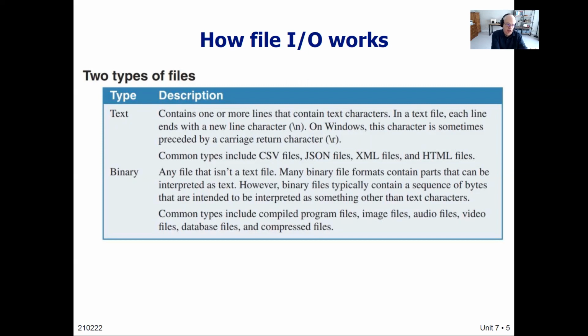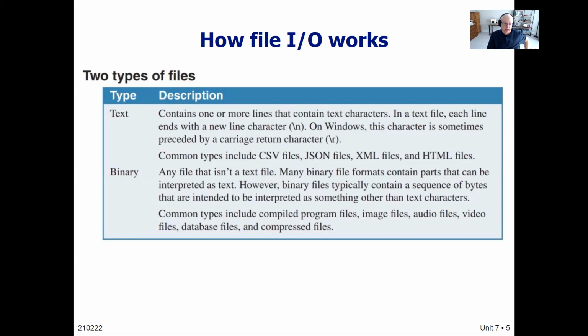So by definition, a text file contains one or more lines that contain text characters. In the text file, each line ends with a new line character. On Windows, just to be different, this character is almost always preceded by a carriage return character. So we have a \r and a \n.